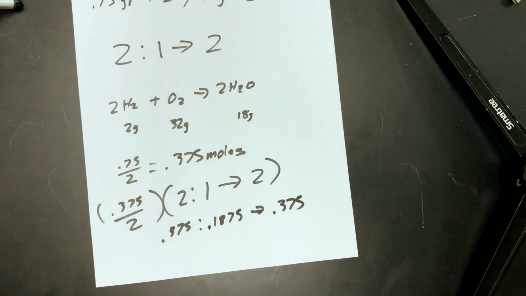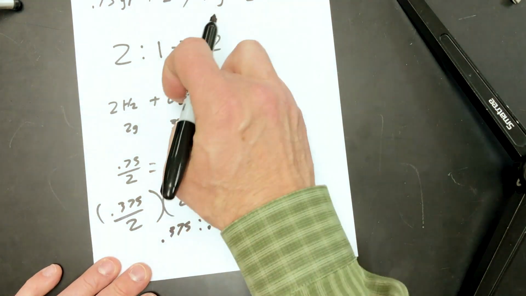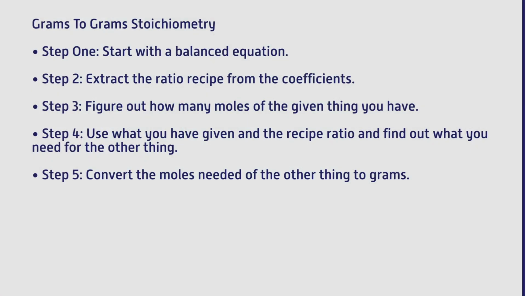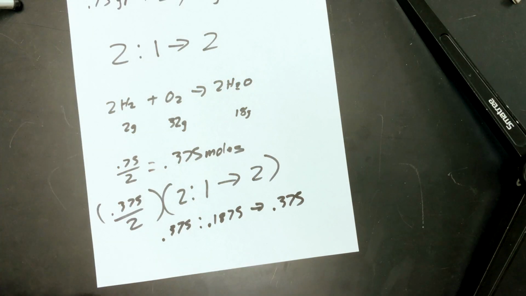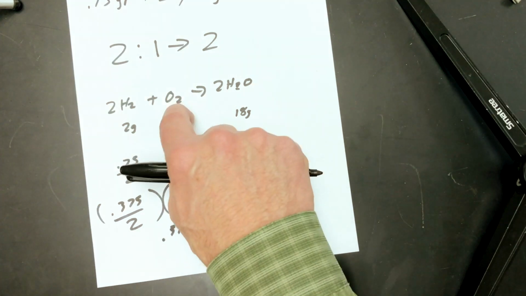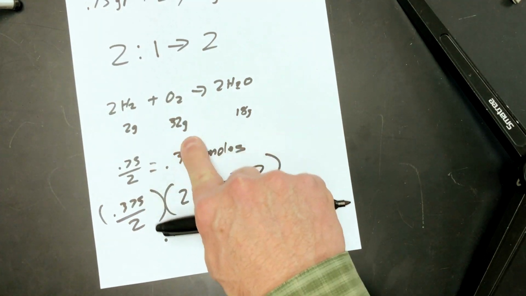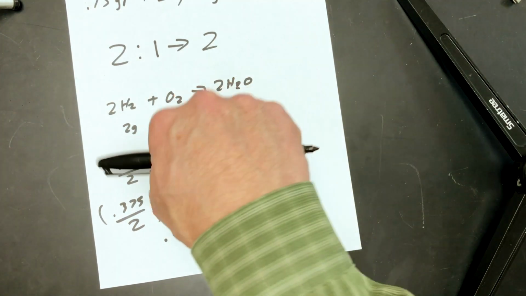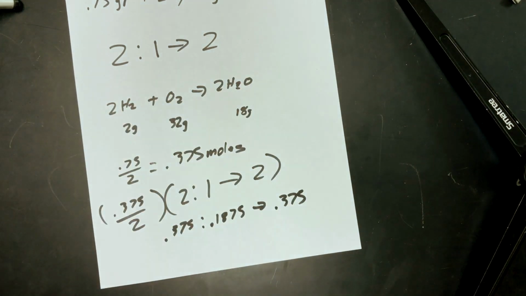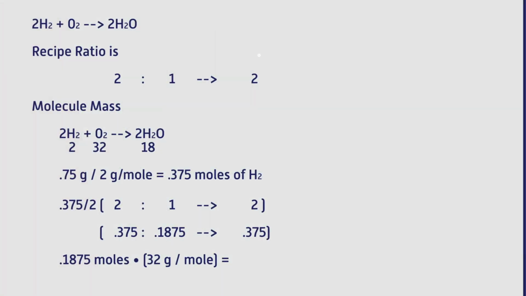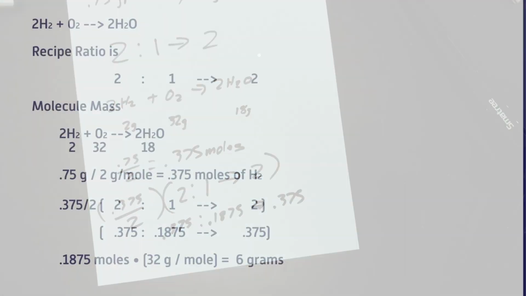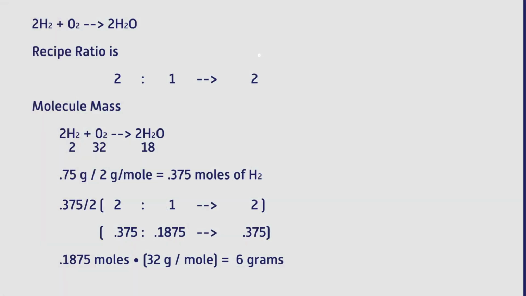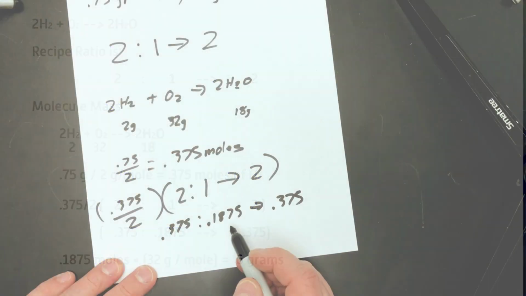I'm going to do moles to grams, you multiply. So I'm going to take that 0.1875 times the 32 grams of oxygen that would represent 1 mole. So 0.1875 times 32 equals 6. I need 6 grams of oxygen.